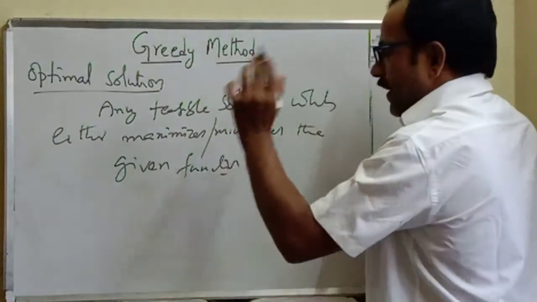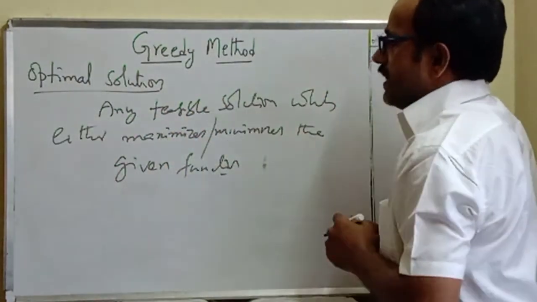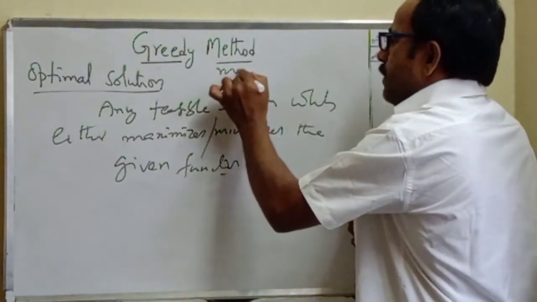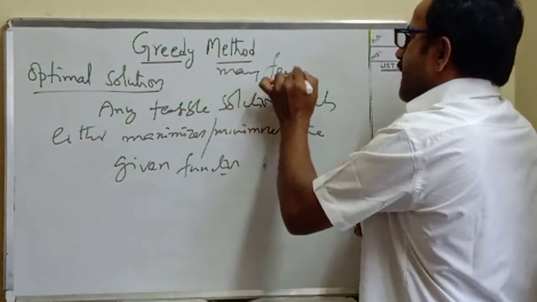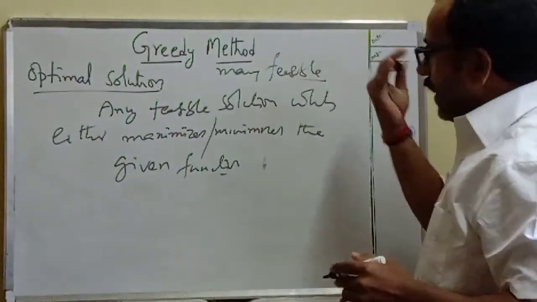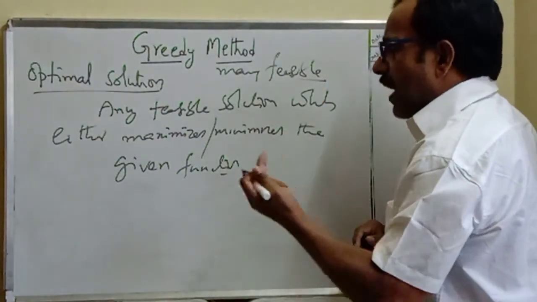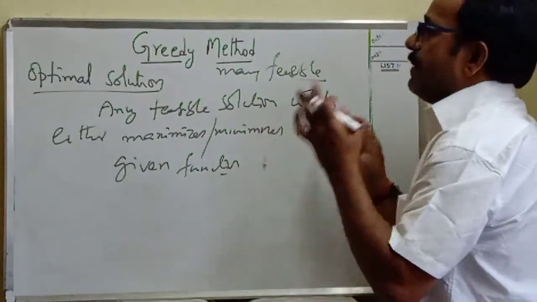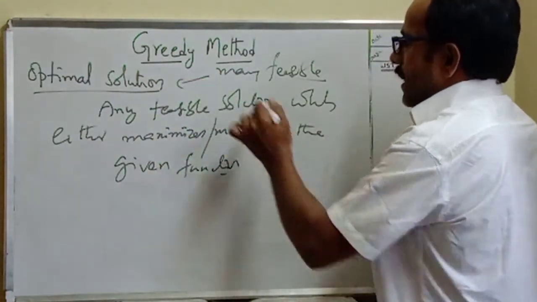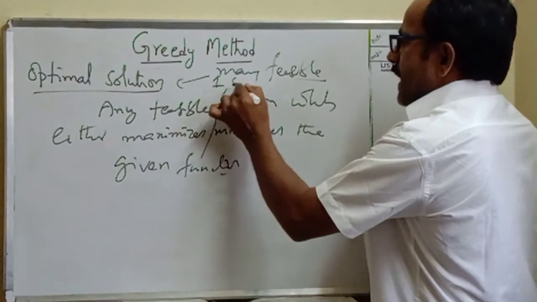I will tell you one by one, don't worry. We may have many feasible solutions, but out of all of these, either one feasible solution or a set of feasible solutions may be leading to the optimal solution.